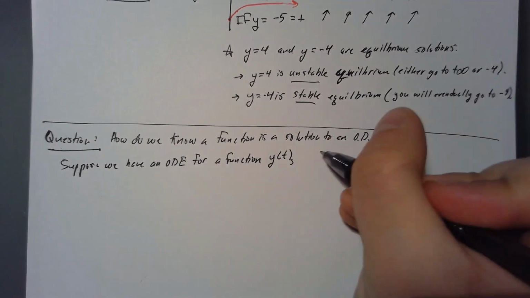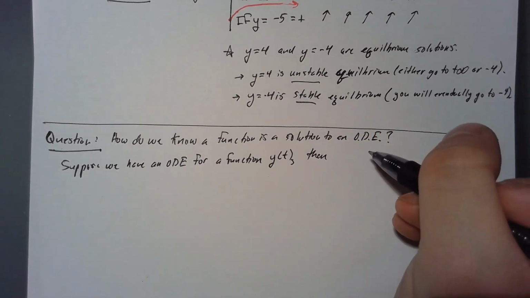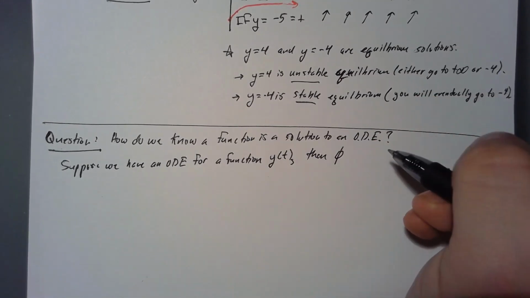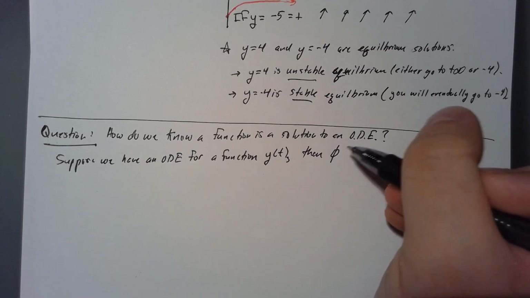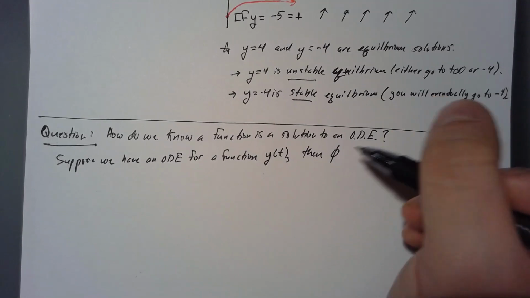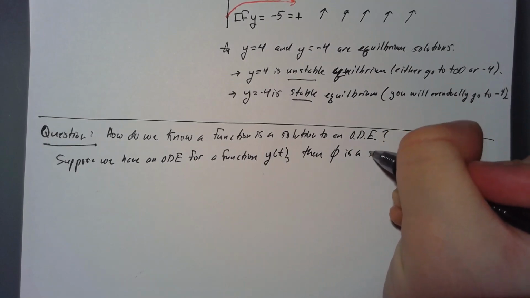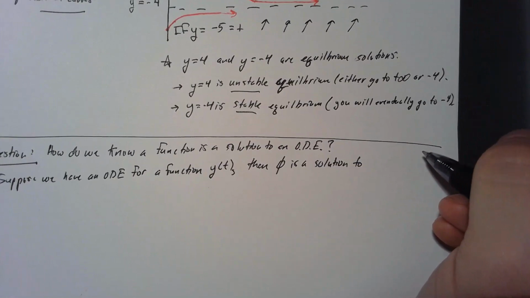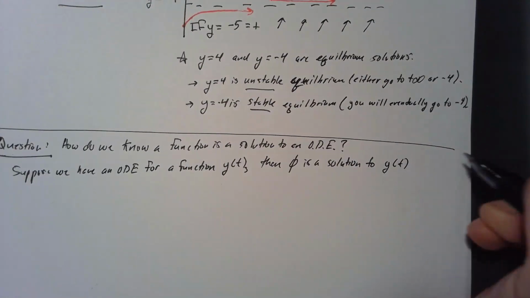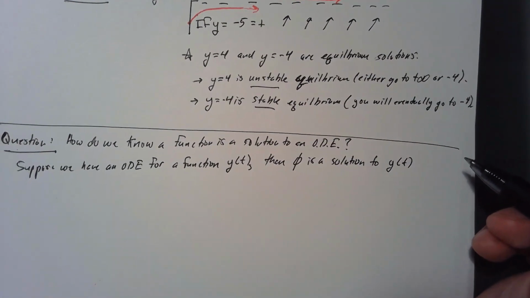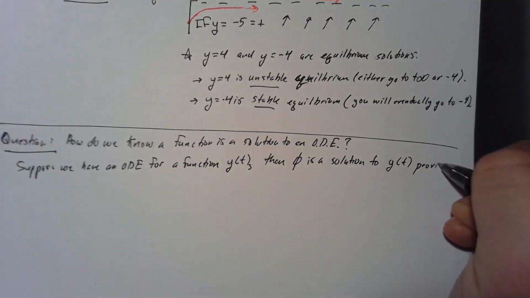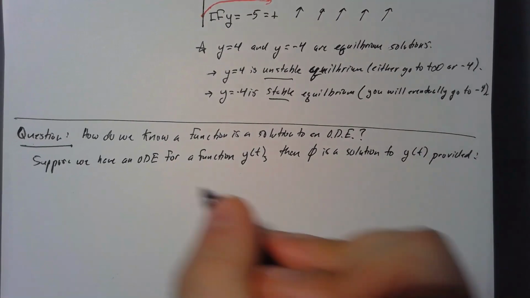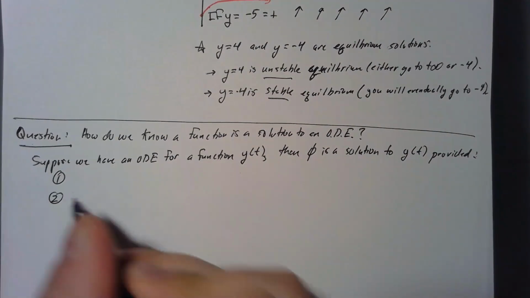So then I could say, I'm going to use a fancy symbol here. I'm going to use the phi symbol. Don't worry about it. I'm just using this as a placeholder, really. So phi is a solution to y of t, provided the following are true.